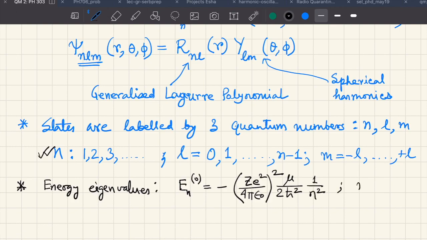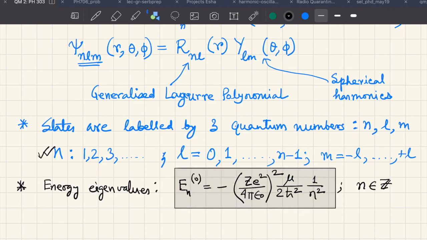As already discussed, n are positive integers. So this object is the most important object presently in our discussion. Why? It will be clear now. So this energy eigenvalue, of course I have written not only for the hydrogen atom. If you put capital Z equal to 1, you will get the results for hydrogen atom.